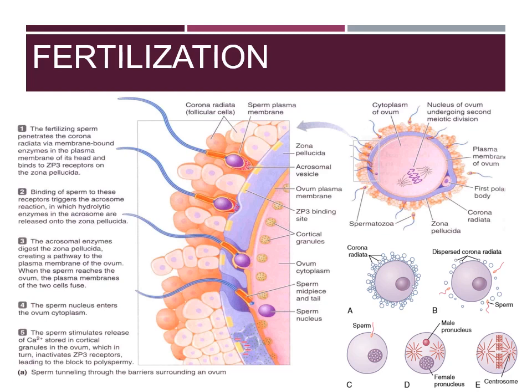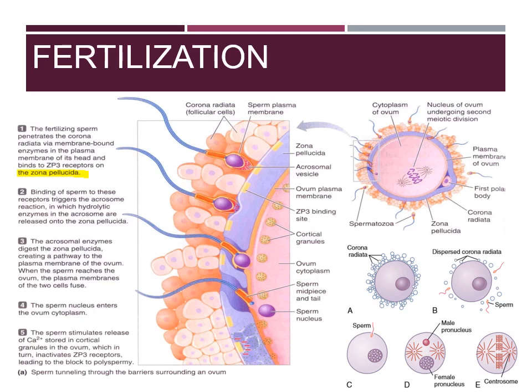Now, after the sperm penetrates the corona radiata, as you can see here in this schematic, via membrane-bound enzymes present in the head of the sperm, it will bind to receptors in the zona pellucida.